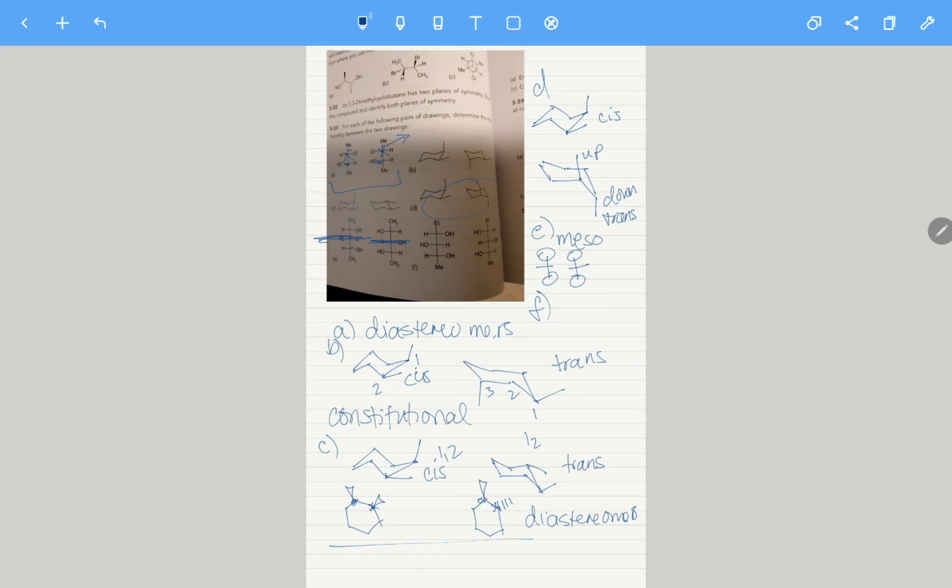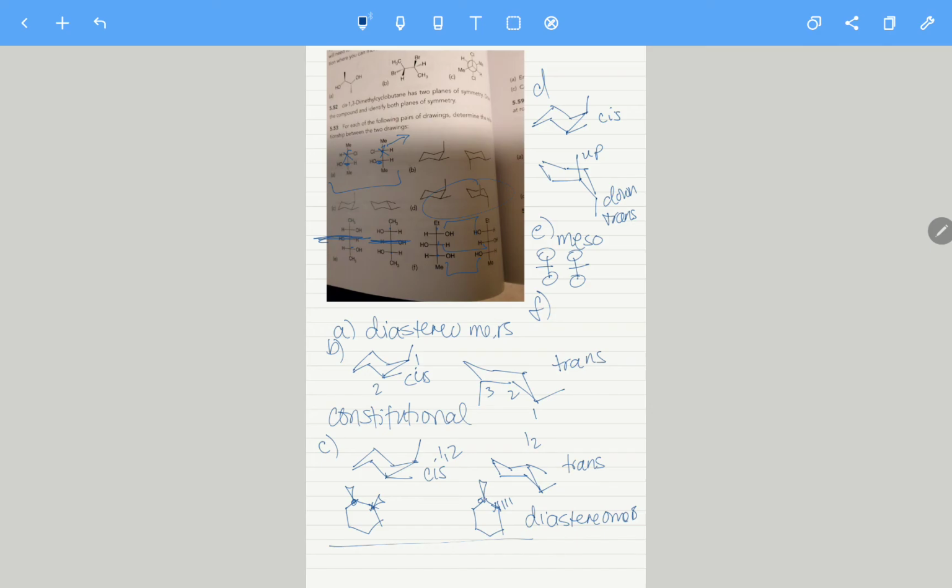For our last one, we see that we have 3 chiral centers. The bottom one, they're opposite to each other, so the orientation is opposite here. In this middle one, the orientation is opposite, but the top one is going to be pointing in the same direction.